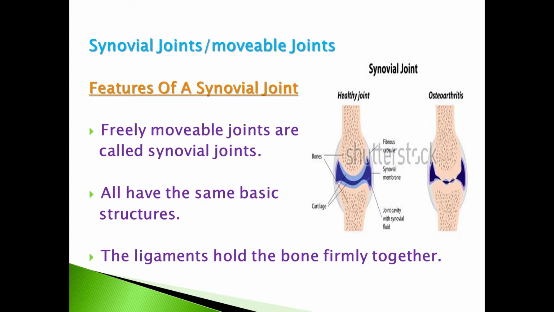So in terms of cartilage, for example, on the slide here you're seeing the cartilage, which is the clearer blue section there. So what they are saying, at the ends of bones where you have a movable joint, once the joint is movable, then you will find cartilage there.